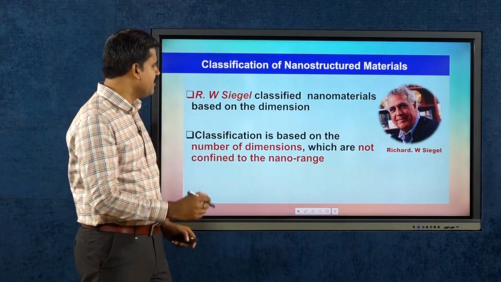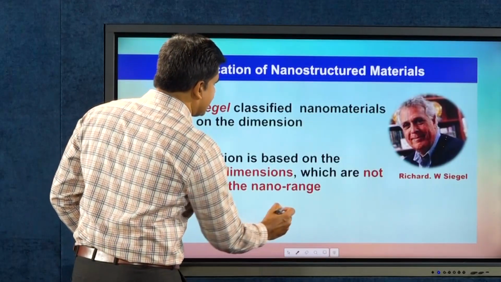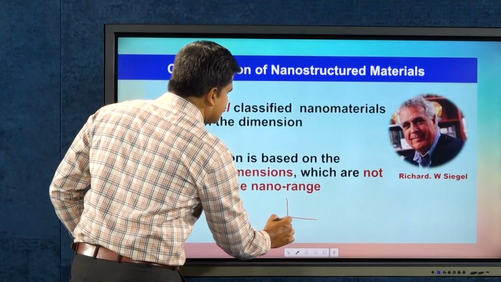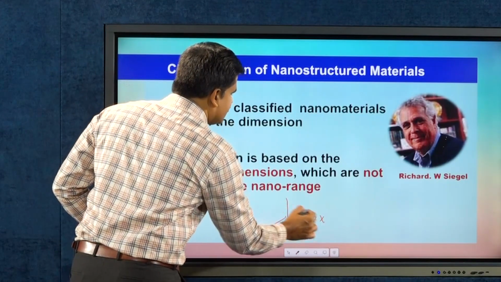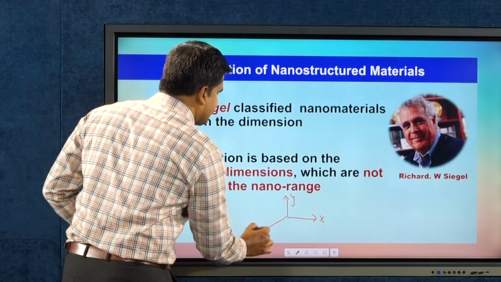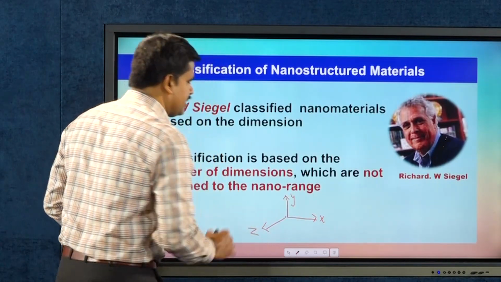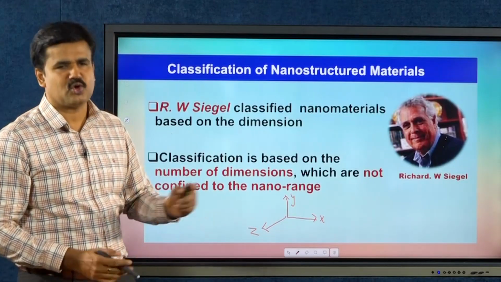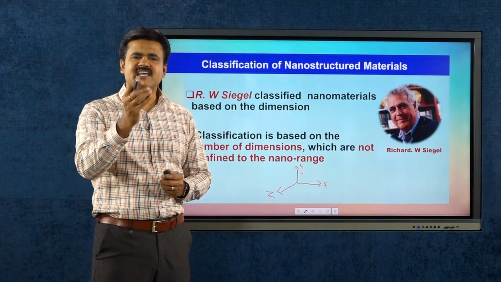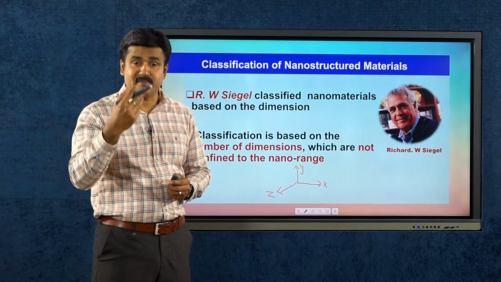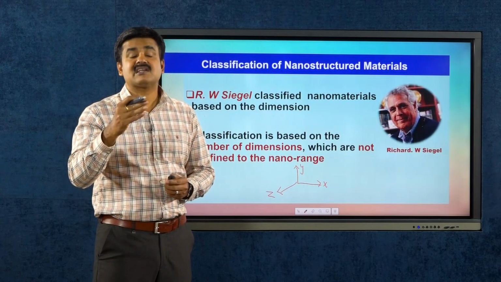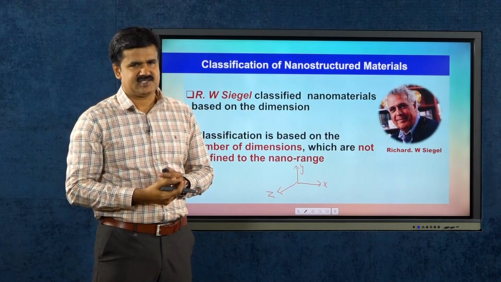We are all familiar with the three spatial dimensions x, y and z. This is the x coordinate, this represents the y coordinate, this represents the z coordinate. These are the three dimensions normally. Whenever we take a material, we ask how many of its dimensions are confined to the nano range.